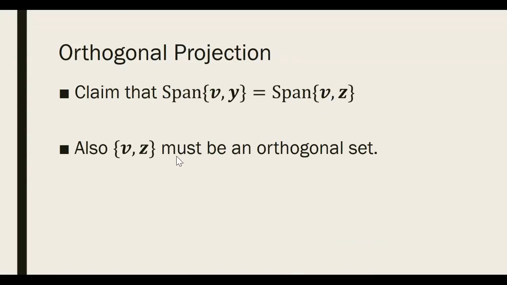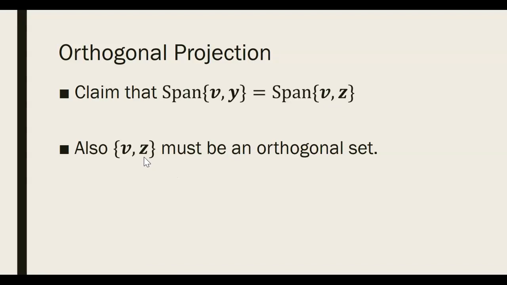So first off, we're going to do an orthogonal projection. And I claim that if you look at the set {v, y} and take the span of those two vectors, that is exactly the same as the span of {v, z}.